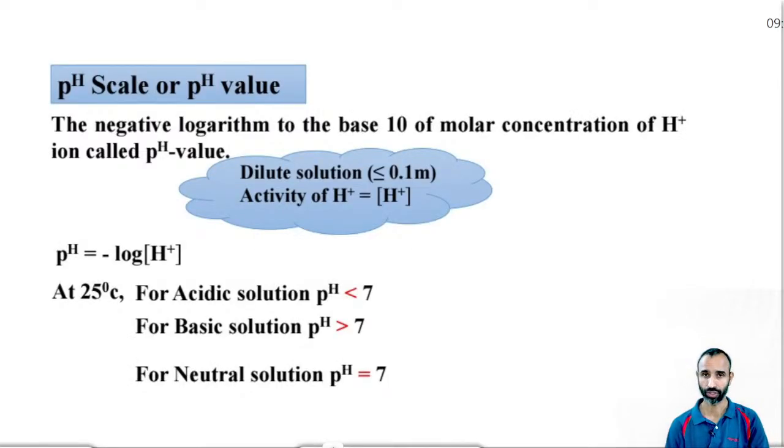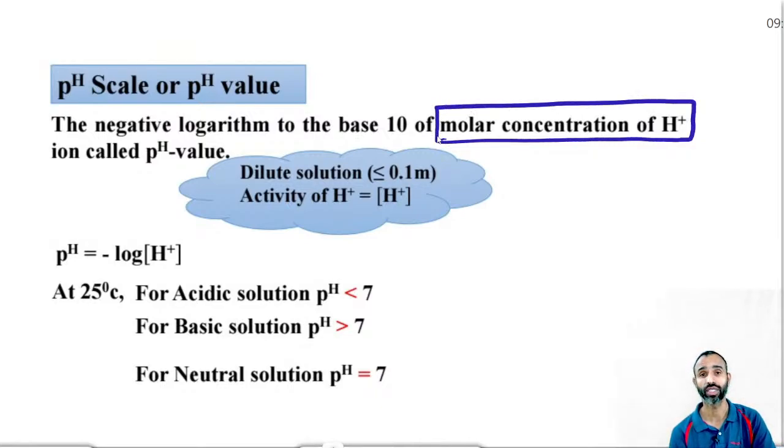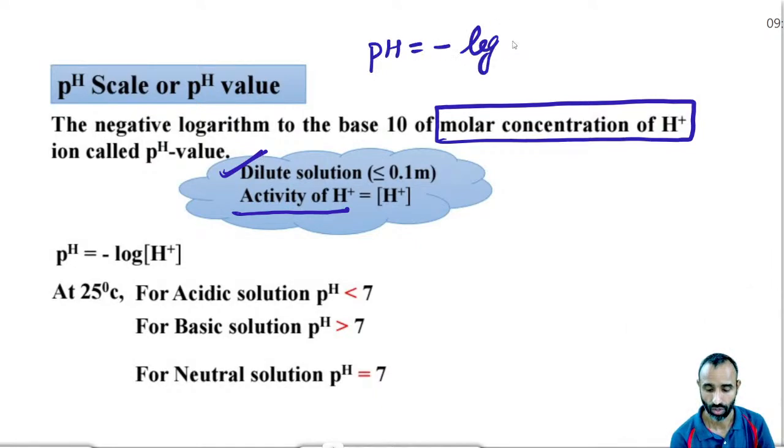Now pH. So pH is negative log of H plus ions, the molar concentration of H plus ion. Actually, it is not molar concentration, it is the activity of H plus ions. But if the solution is dilute, we take activity equal to concentration. Otherwise, pH should be equal to minus log base 10 activity of H plus ion.